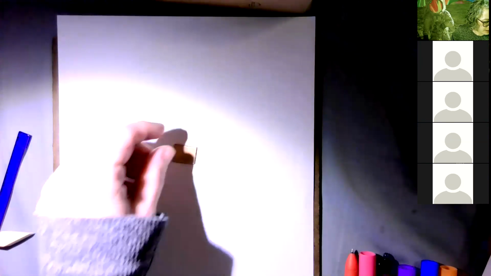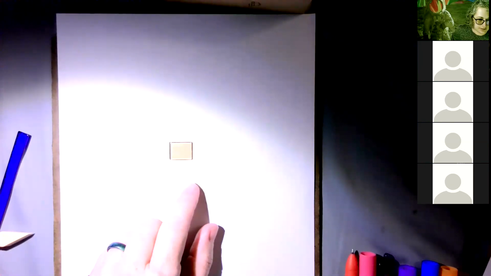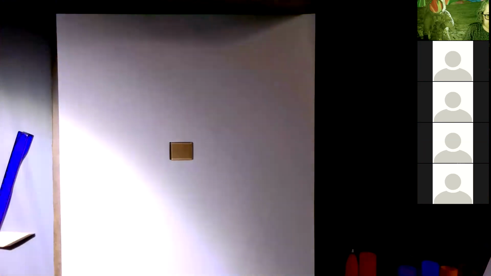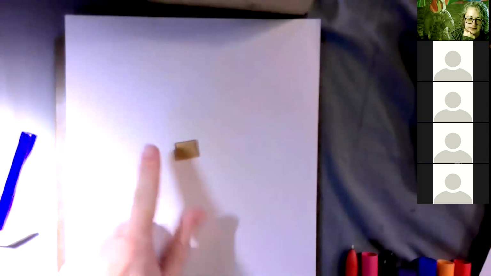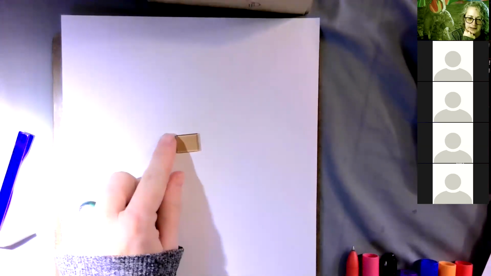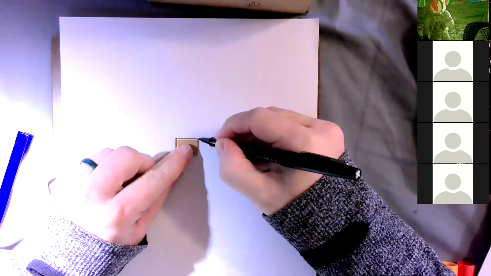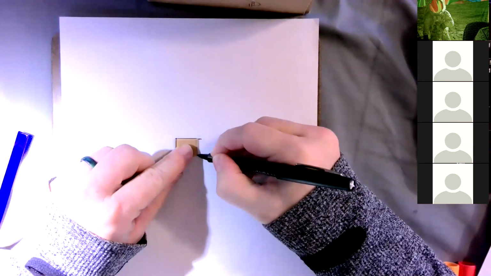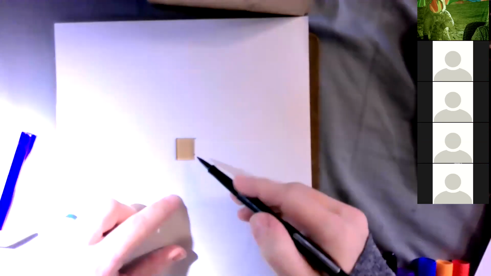Okay. What about this one? I can't see it that well. I know it's hard. Let's see if I move that. Is that a quadrilateral? Yeah, because it's got 4 sides. What kind of quadrilateral is that? Square. Now, it kind of looks like it's the same length. But watch when I do this. I'm going to measure where this top and bottom is, and if I turn it around, does it match?